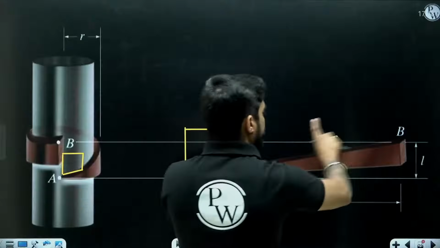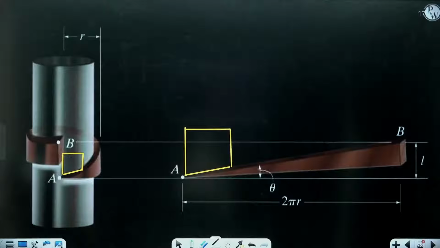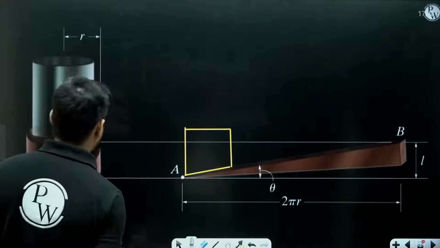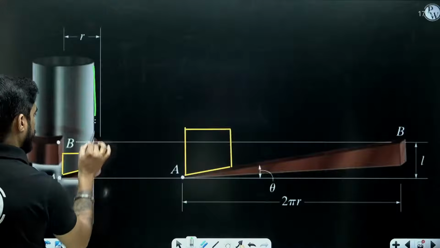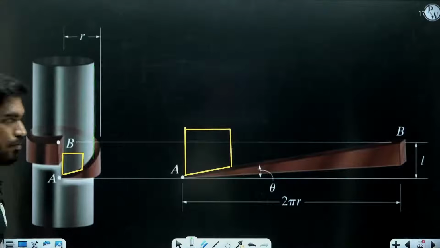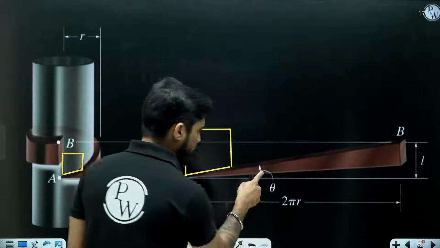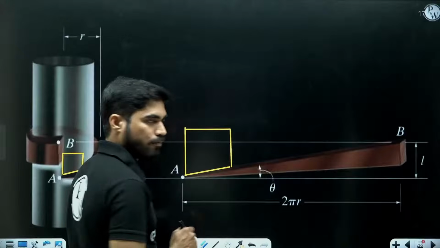And you need to move it from A to B by applying a force. And where are you applying the force? You are applying the force here on the surface of the screw in order to rotate the screw.